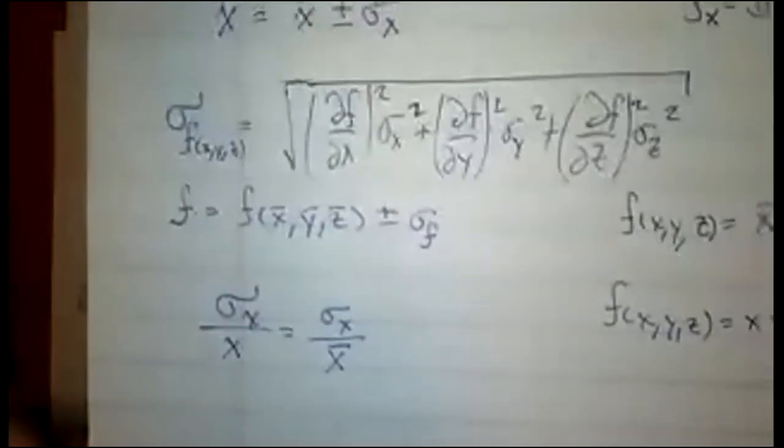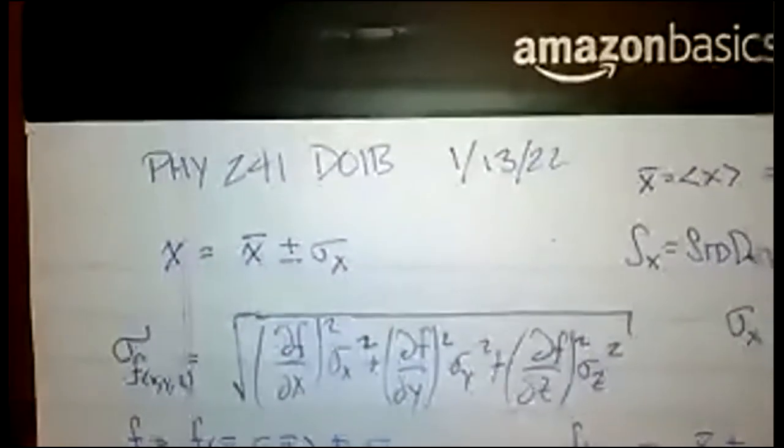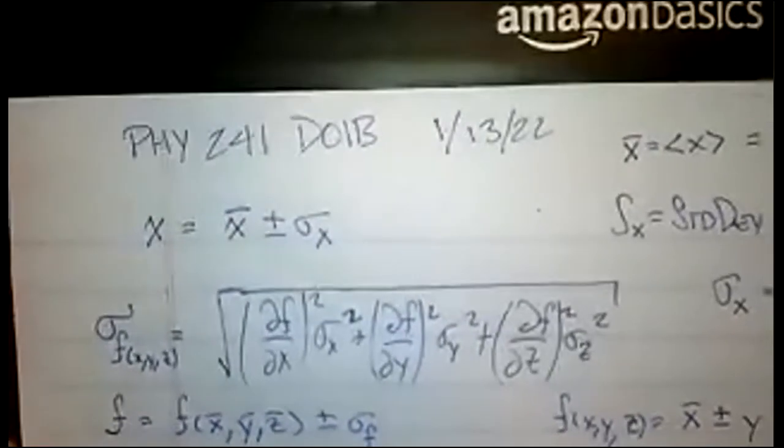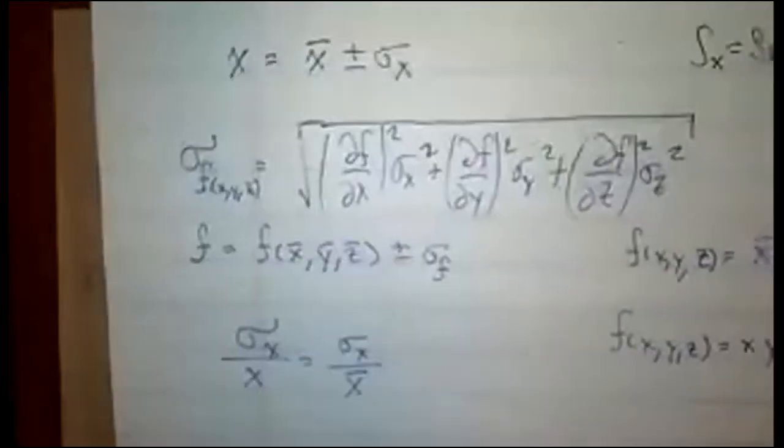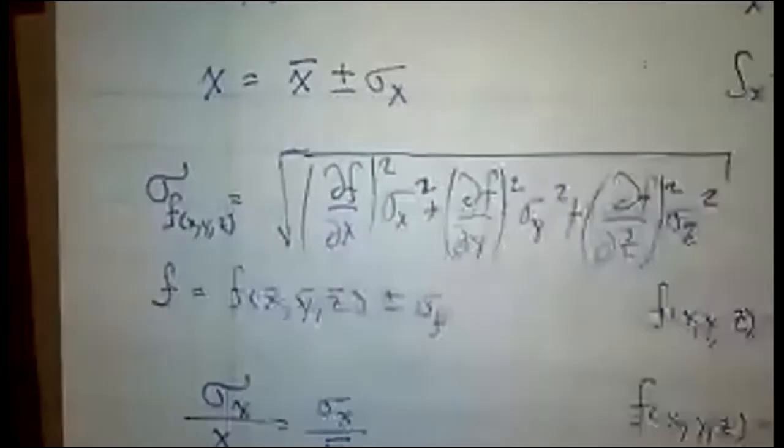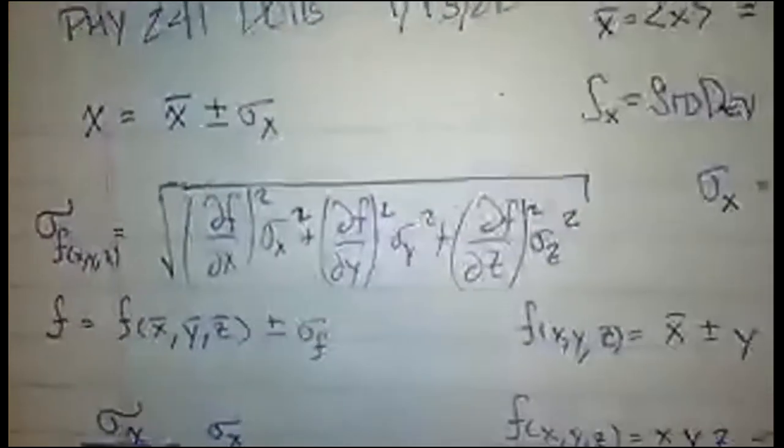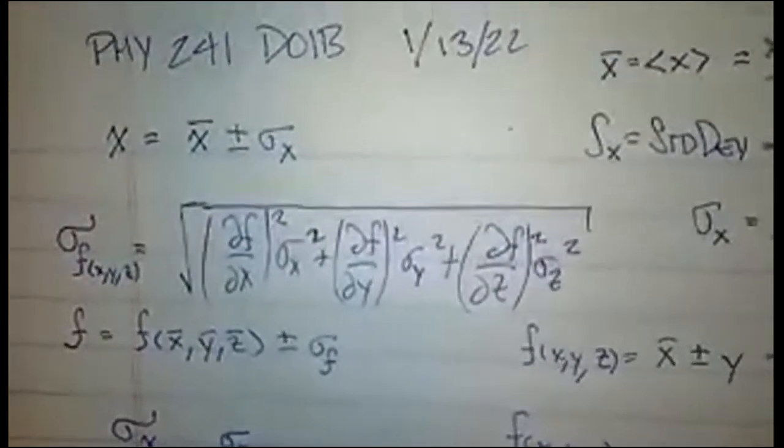There you go. So let me start off with everything we had here. So every number that you work out in a lab, or every measurement you take in a lab, should be expressed as some number, which is the best estimate, X bar, plus or minus its uncertainty.